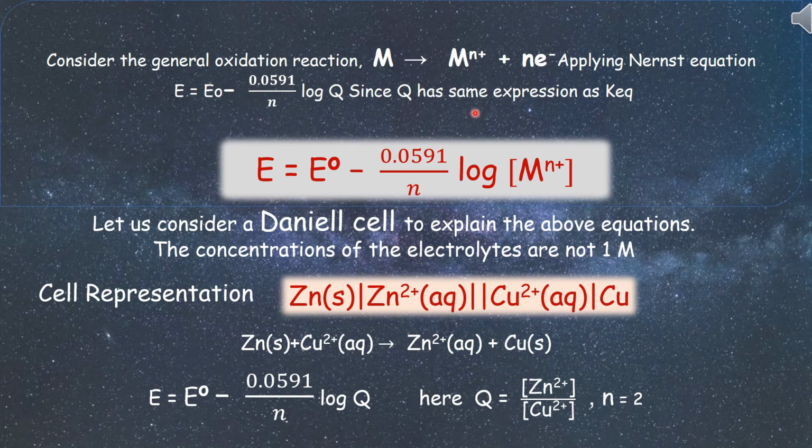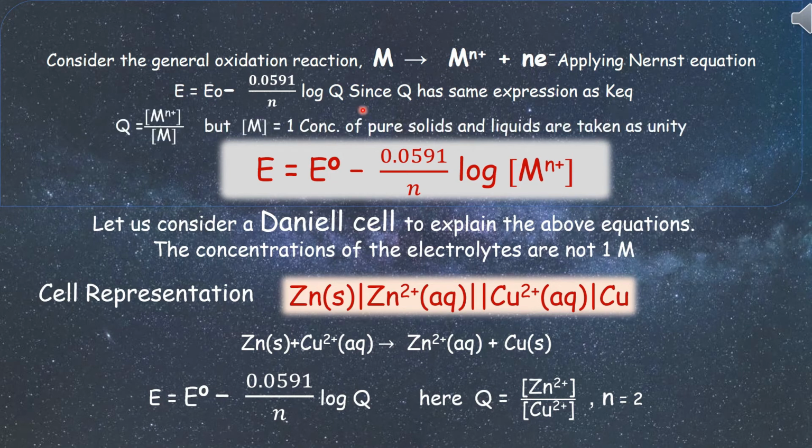Remember, reaction quotient has the same expression as that of the equilibrium constant. So we can write this equation as E is equal to E0 minus 0.0591 divided by n log of the concentration of M raised to n plus.